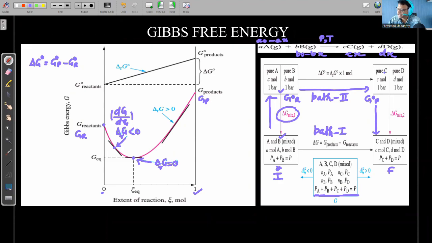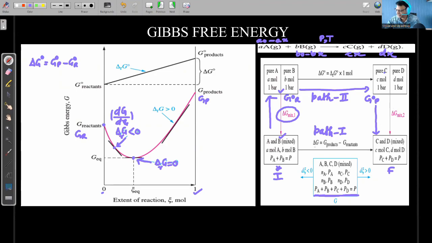So again, by using delta G is equal to delta H minus T delta S for mixing, since temperature is not changing, delta H mixing will be 0. We can calculate the entropy change of mixing. Since temperature is constant, the first term is 0. So we can write that entropy change is equal to number of moles of C into R ln P initial upon P final, and in that way we can write.